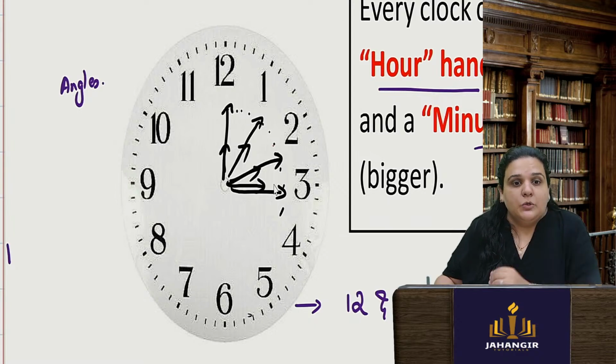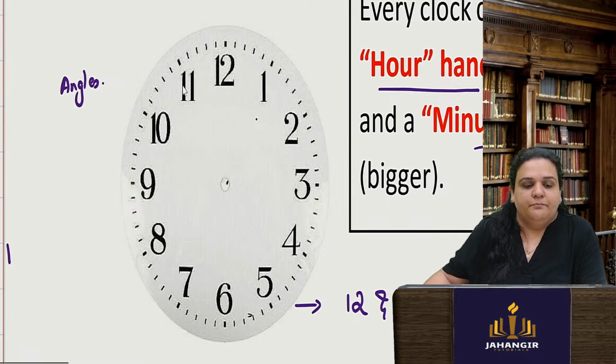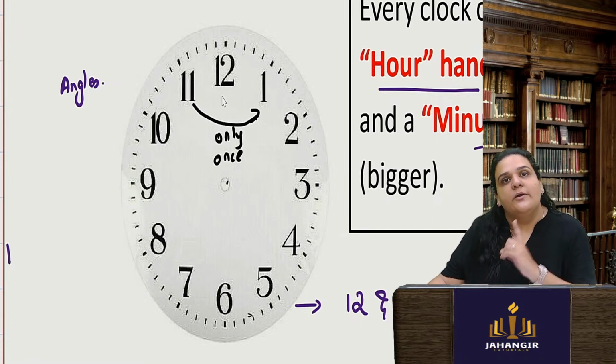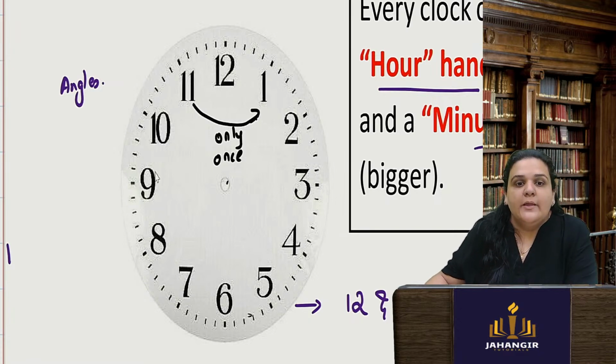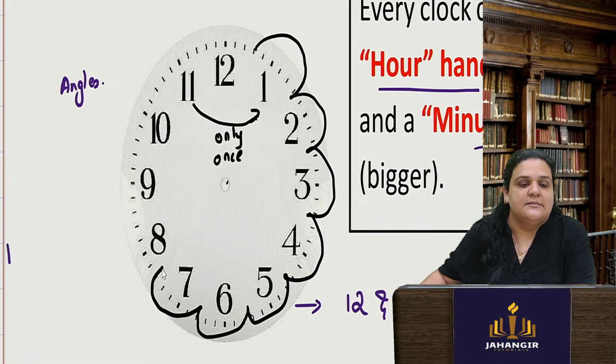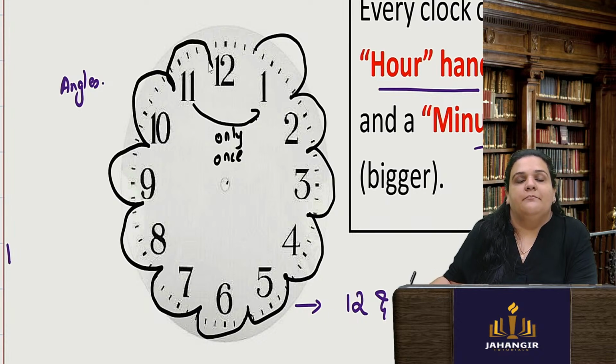So due to those fractions, what happens is that between 11 and 12, between these 2 hours, the hands coincide only once. So though we have a 12-hour clock, we count 1, 2, 3, 4, 5, 6, 7, 8, 9, 10 and 11.